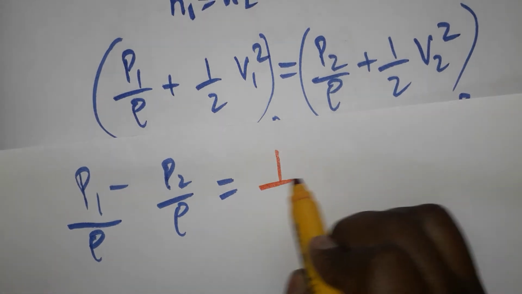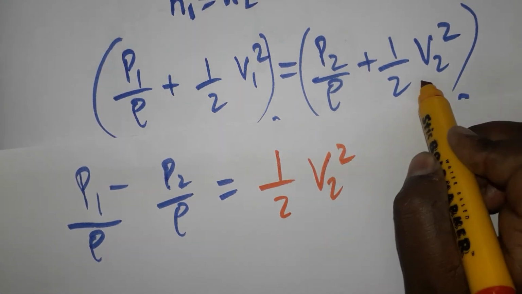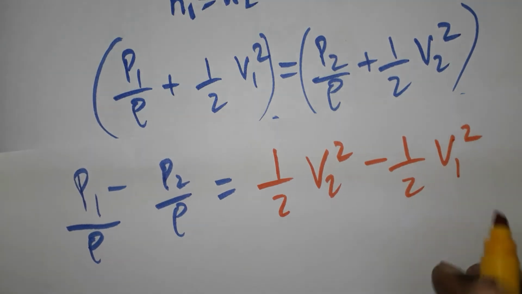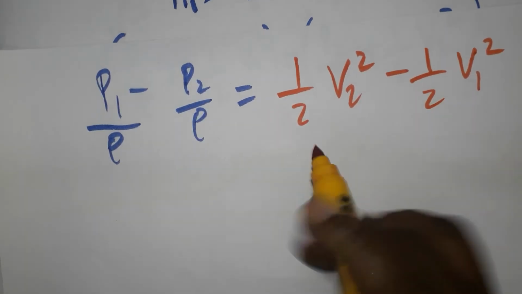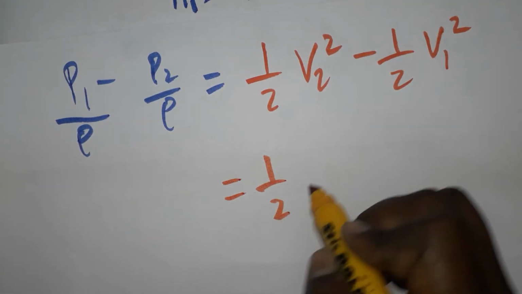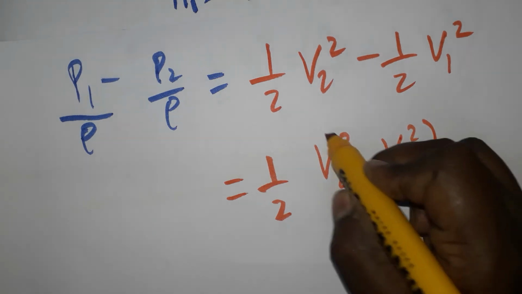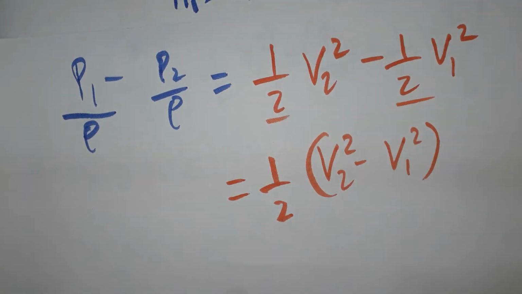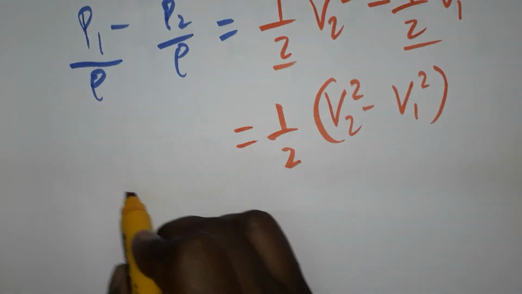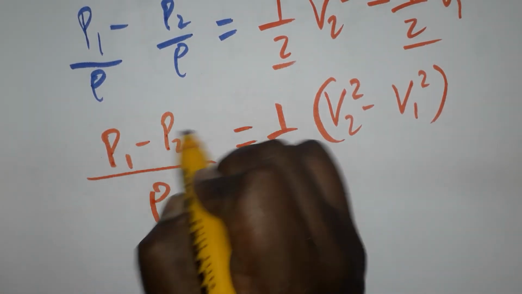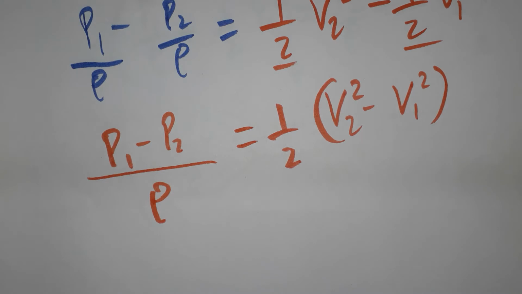Half V2 square is already there, and I am bringing V1 square to this side. The half we can take outside, so V2 square minus V1 square, because I have taken it common from both places. On this side I take the density as LCM. So density into P1 minus P2 is the equation we have.